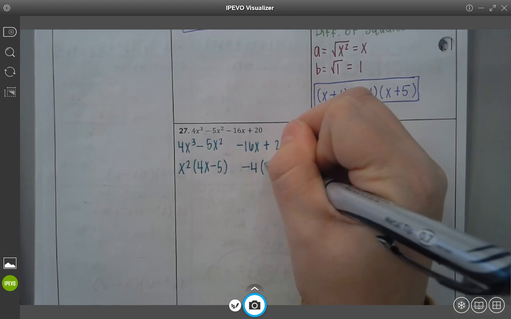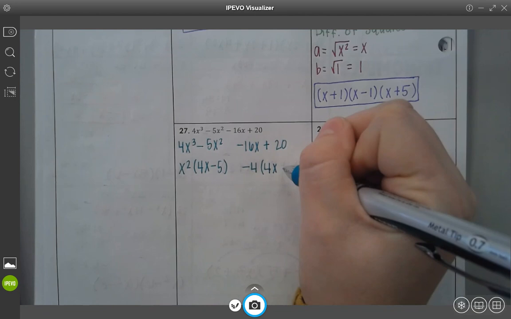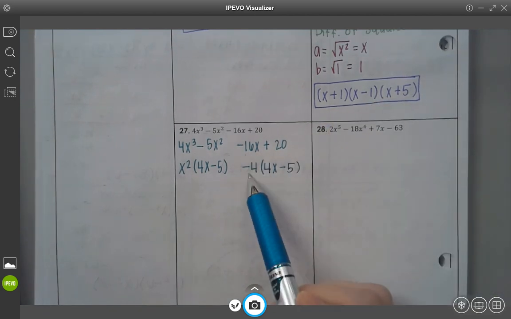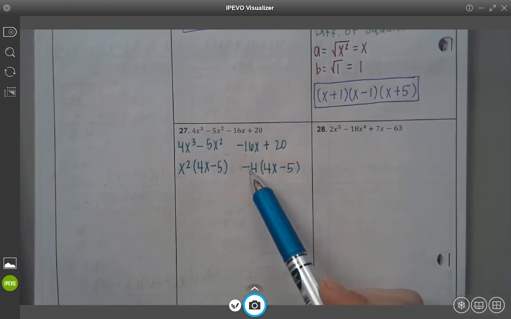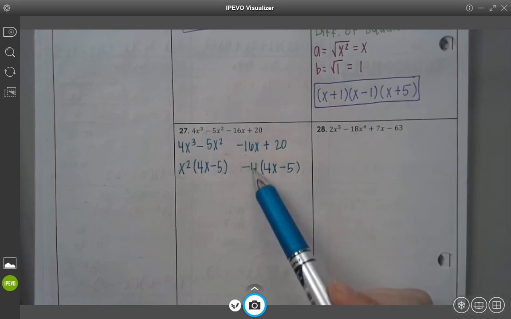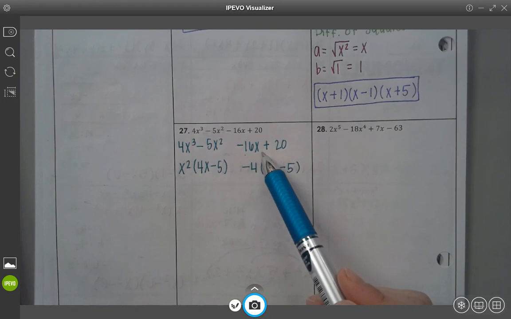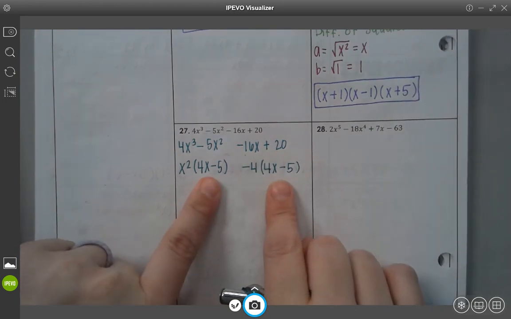Leaving you with 4x minus 5. When you take negative 16 divided by negative 4, it's 4. And 20 divided by negative 4 is negative 5. I had to make this a negative because the first term was negative. And if I didn't make it a negative, what I had in parentheses would not have matched.